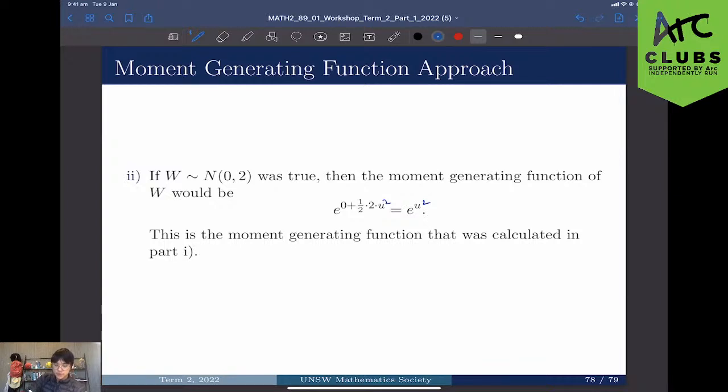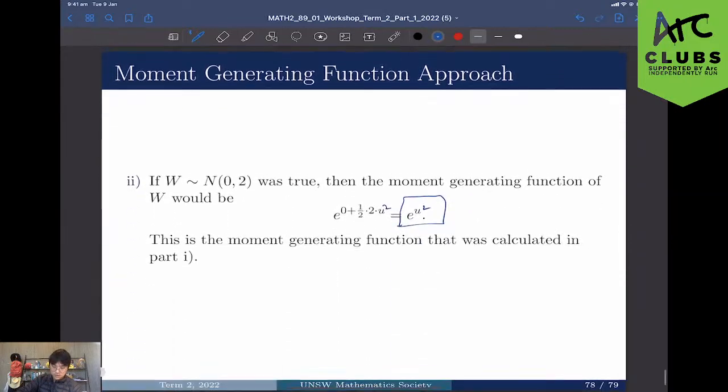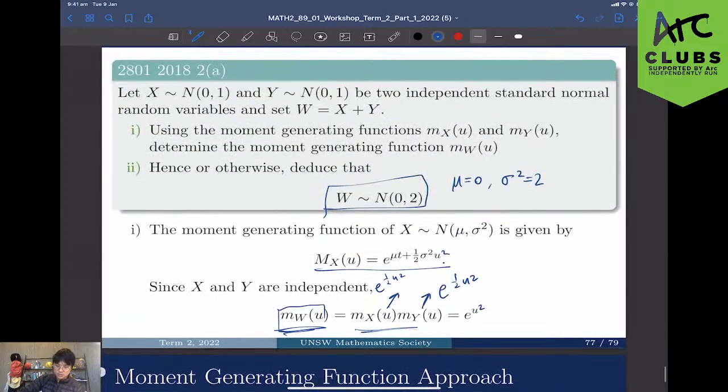And when we sub in those values of 0 and 2, we find that the MGF is the same as the MGF we found in part 1. So therefore, that's how we have confirmed that W is distributed N(0,2).